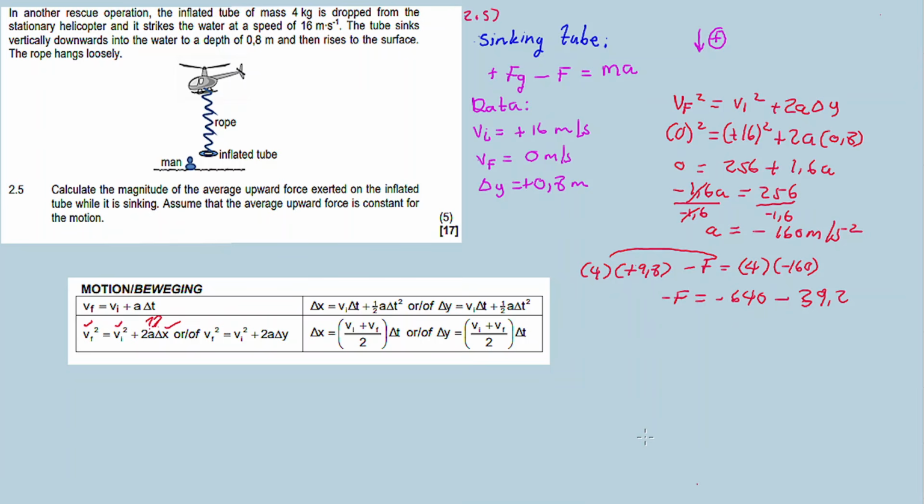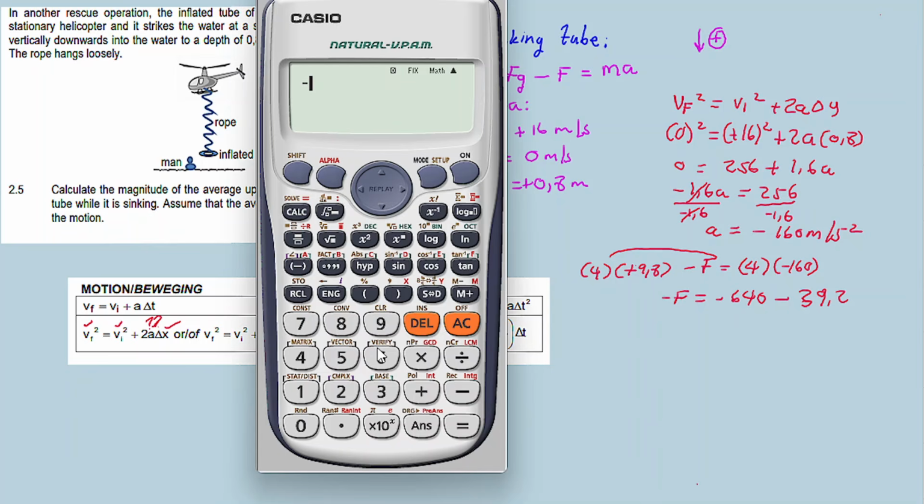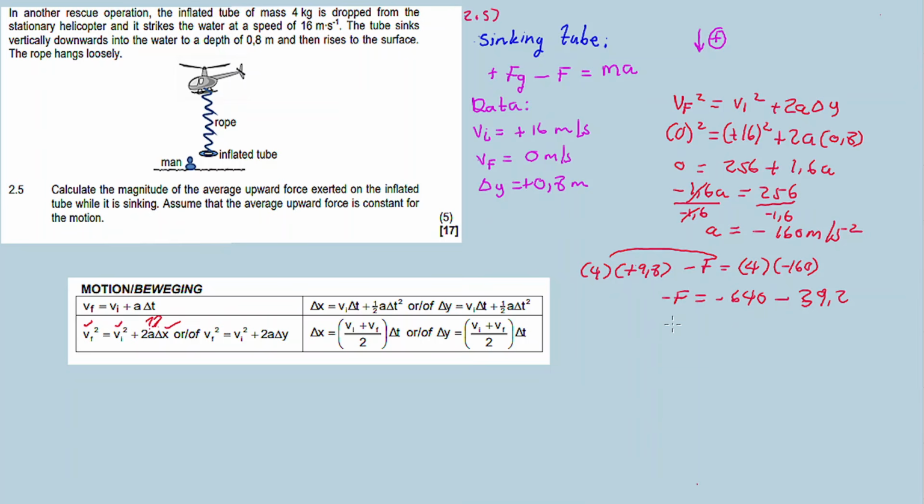We see minus 640 minus 39.2. This is equal to 679.20. So F will be equal to 679.20 newtons.